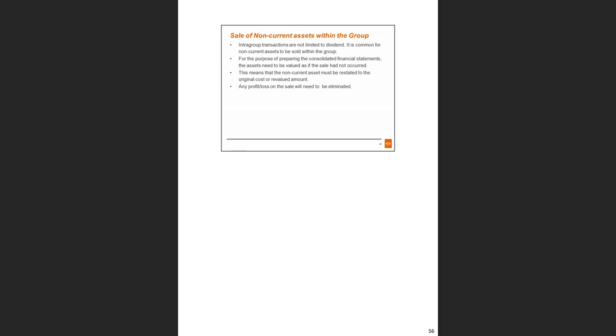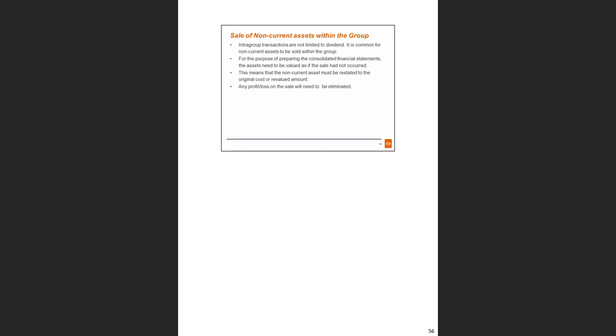So when we have a situation like this, when we prepare the consolidated financial statements, the asset needs to be valued as if the sale had not taken place. So if S makes a sale of a non-current asset like a vehicle to P, in the separate financial statements, it is fine to record the sale. But when you prepare the group financial statements, you're essentially saying that you sold this vehicle to yourself, which doesn't make sense.